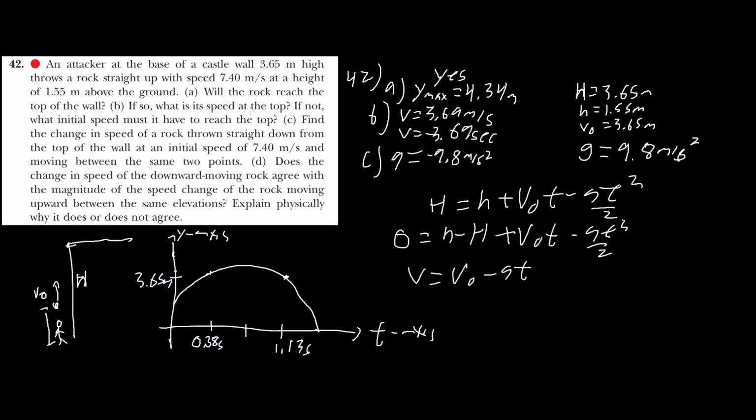Find the change in speed of a rock thrown straight downward from the top of the wall with the initial velocity, and then moving between the same 2 points. I'm not sure what they're asking for, to be honest, but if it's asking for the average change of speed, I'm going to just pull up the answers.